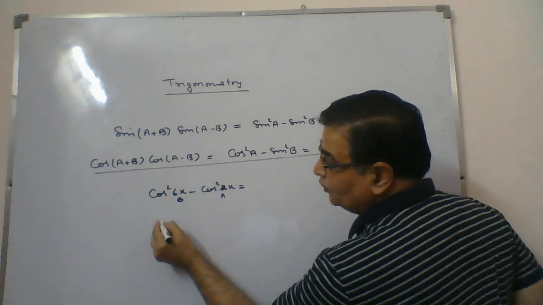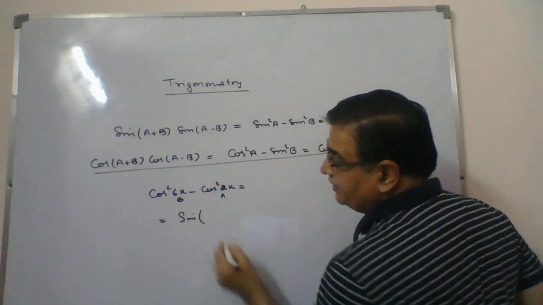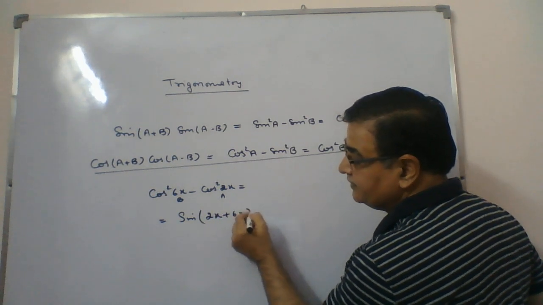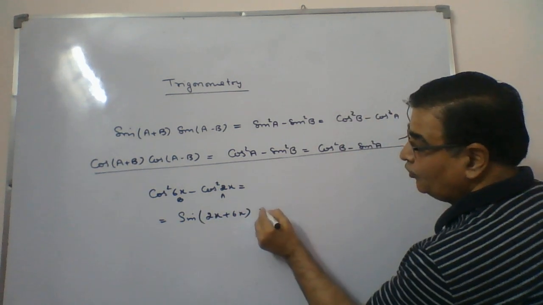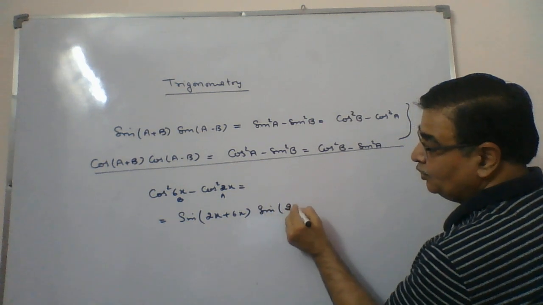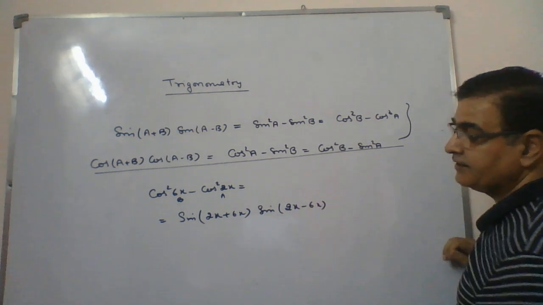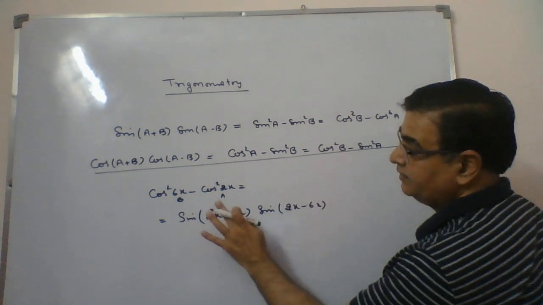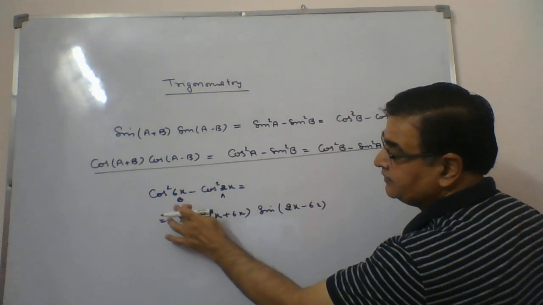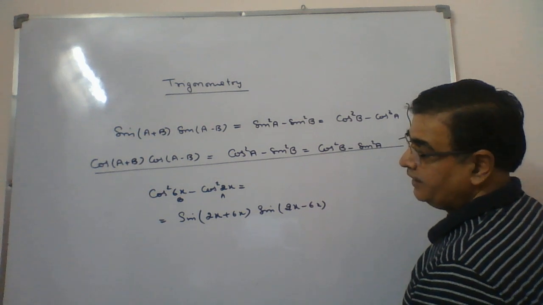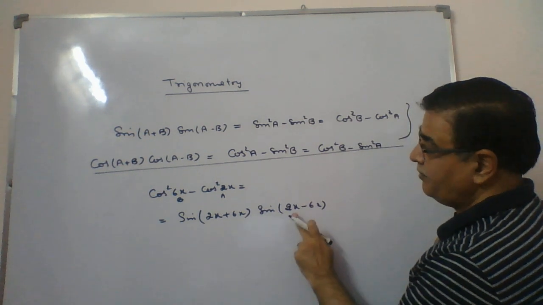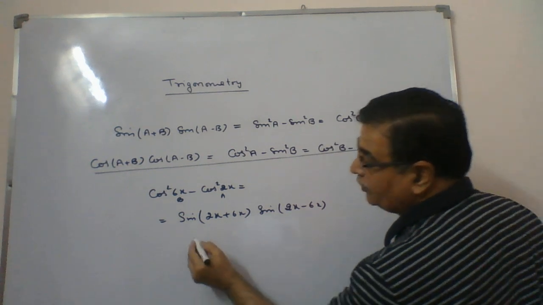This is equal to sine(A plus B), meaning 2x plus 6x, and then again we go for sine of 2x minus 6x. Sorry, it's A plus B, right? And then A minus B, so this minus this. What will it come to?